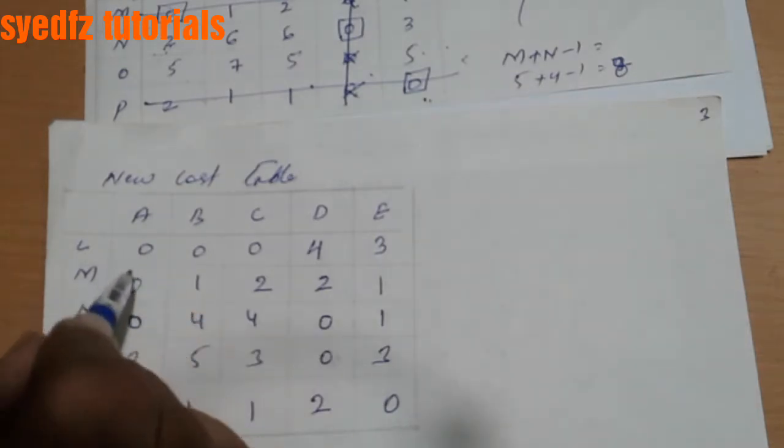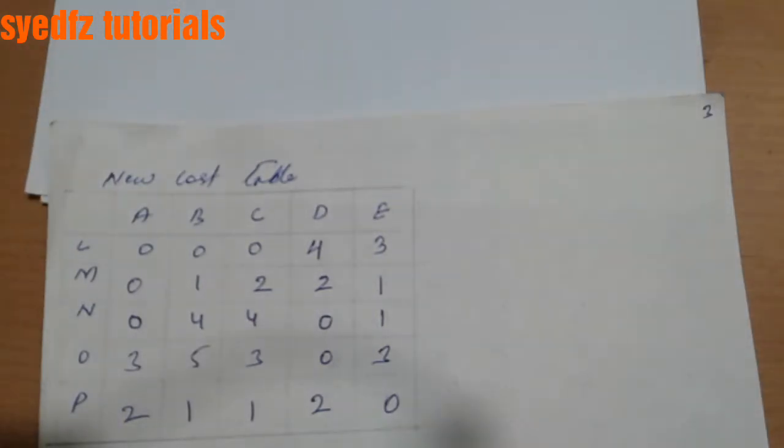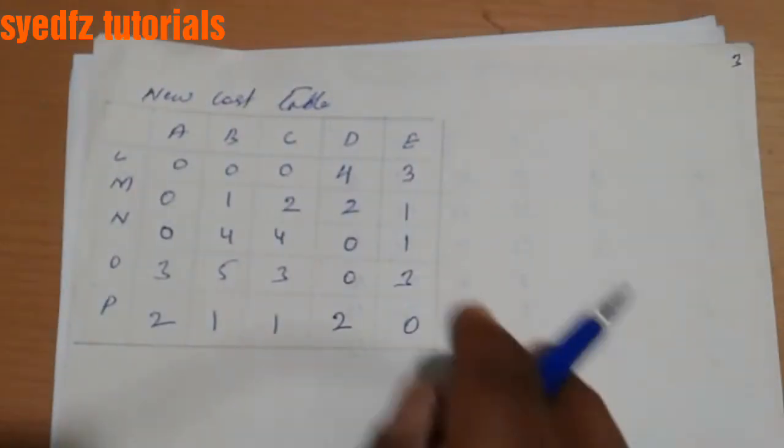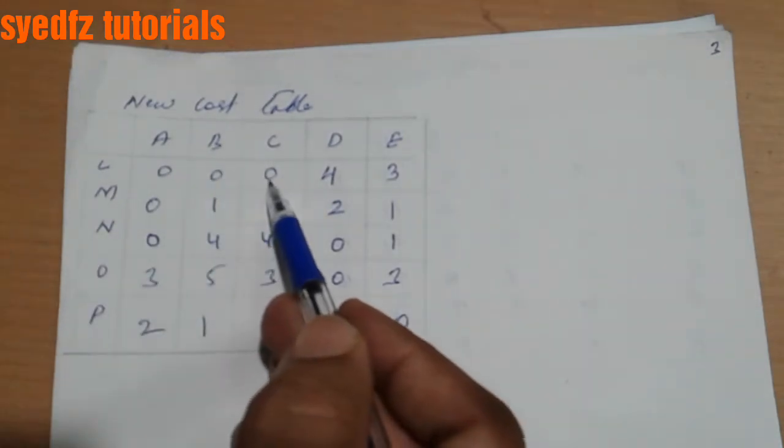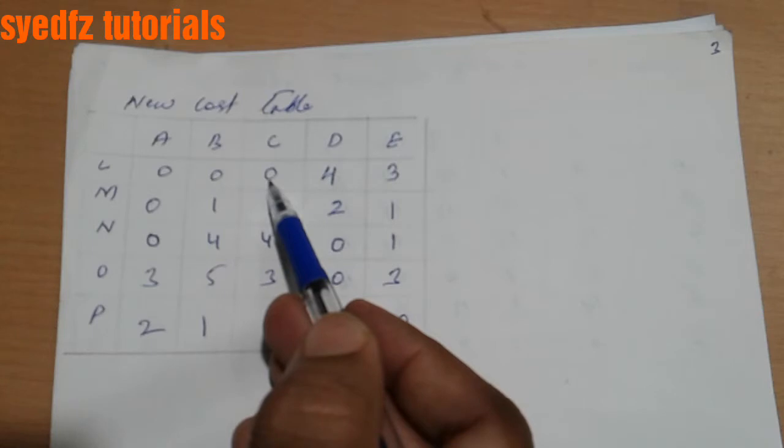Okay, now let's check once more. The row has 3 zeros, so it is not possible to take the 0.